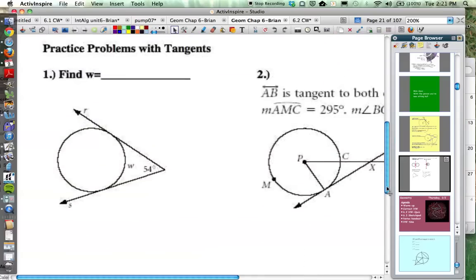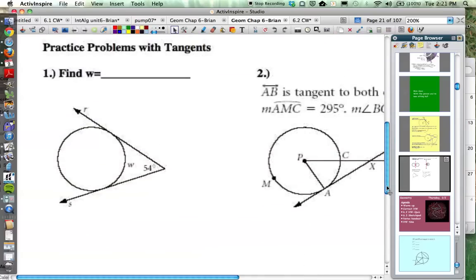Well, let's go down to the practice problems with tangents. And again, these are similar to maybe a couple of the problems that would come up in the homework. Unlike yesterday, we have only two. So in the first one, we're supposed to find W. Notice W is the arc here.